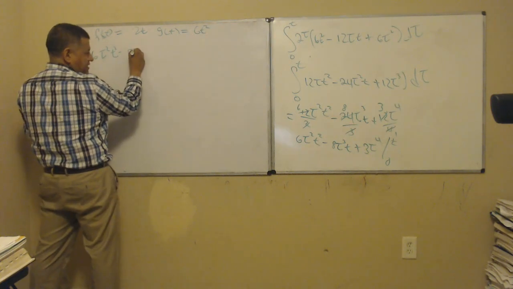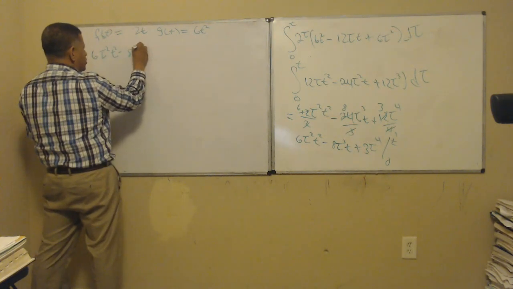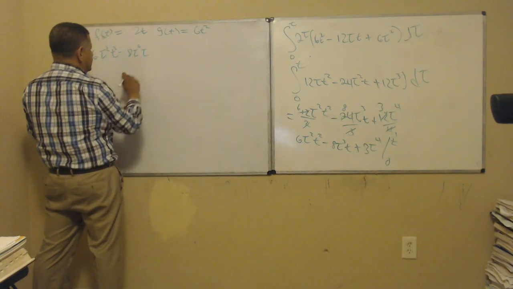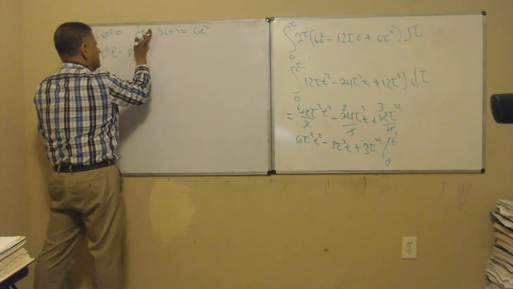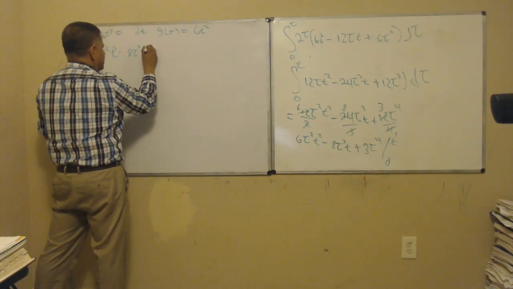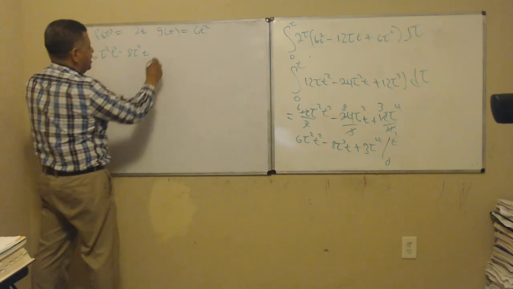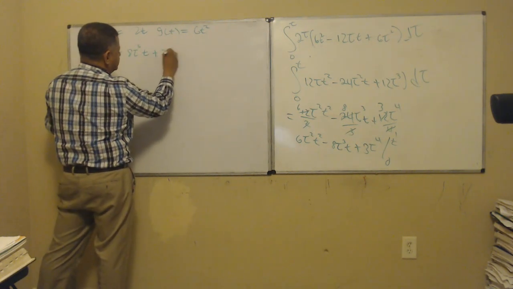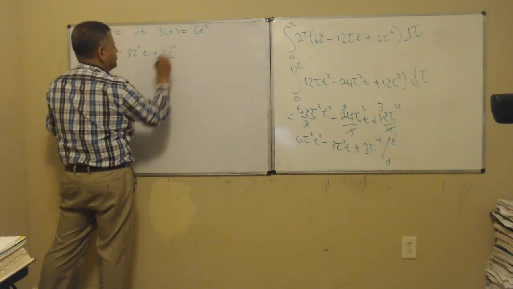Minus 8 tau cubed t, just t. Plus 3t to the fourth.